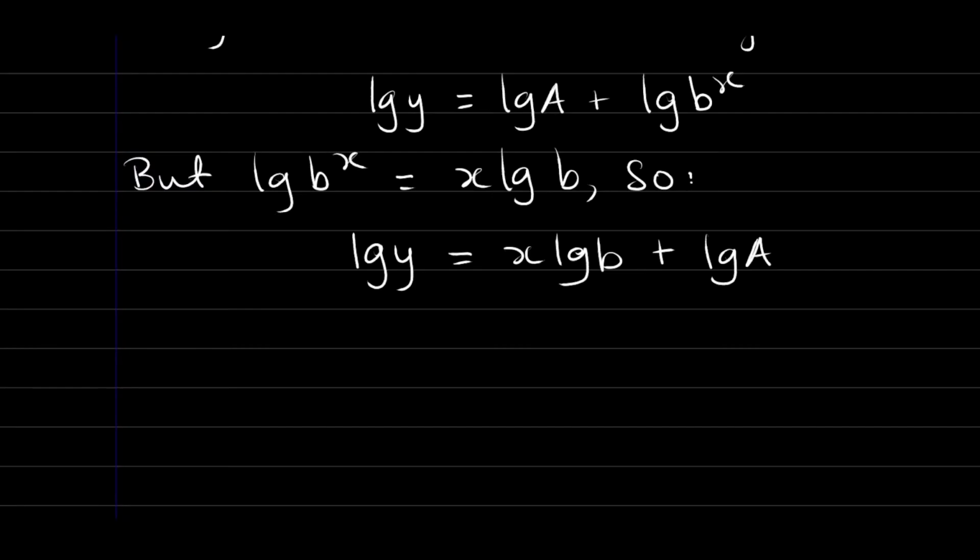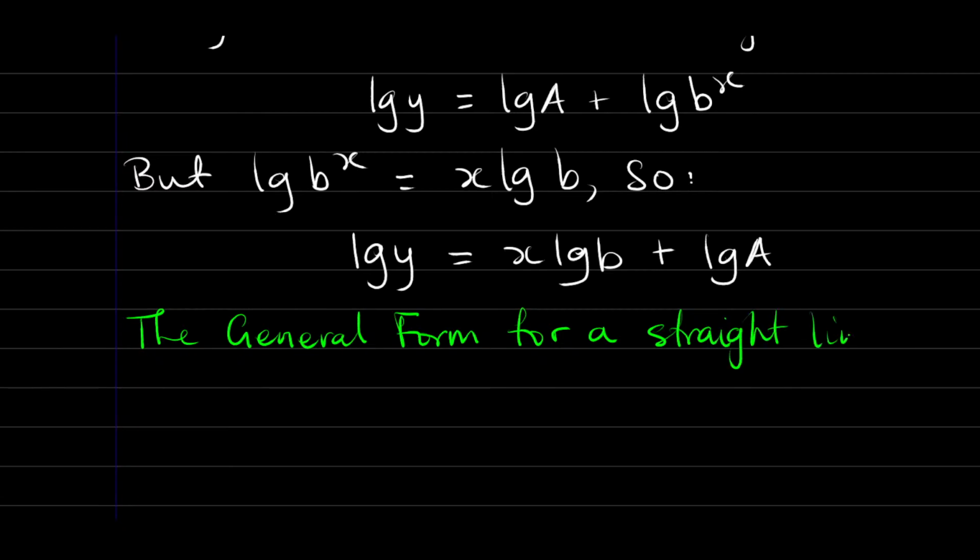Everything is in logs. Now I want to write out the general form for a straight line. I'll write this in green. The general form for a straight line is y equal to mx plus c.